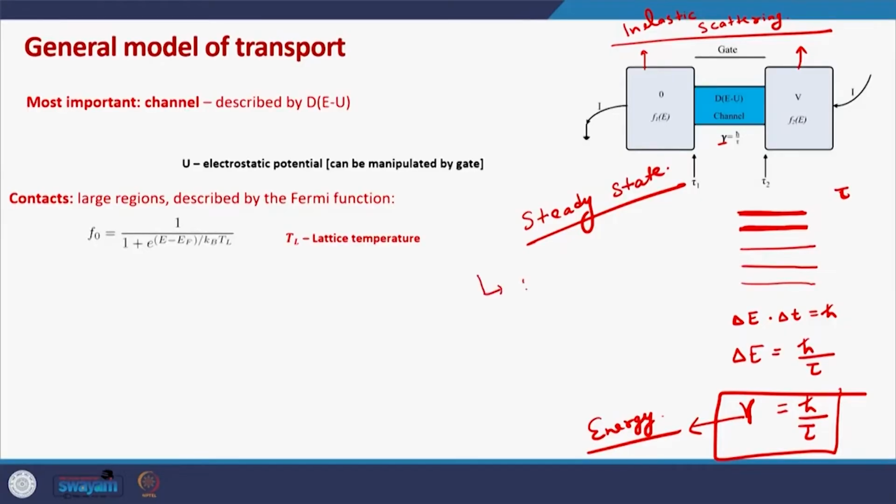And what that essentially amounts to is that whatever be the applied voltage, ultimately very quickly the electron distribution, because of the inelastic scattering, becomes very close to the equilibrium distribution. Okay. So, that means that contacts are always in a near equilibrium state.